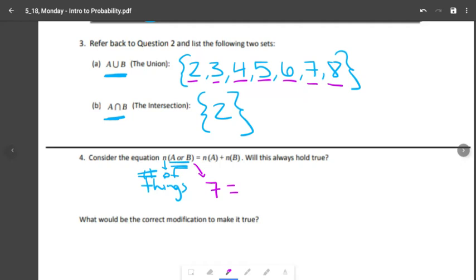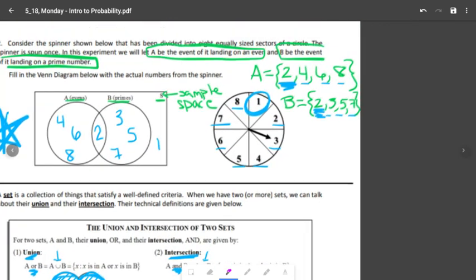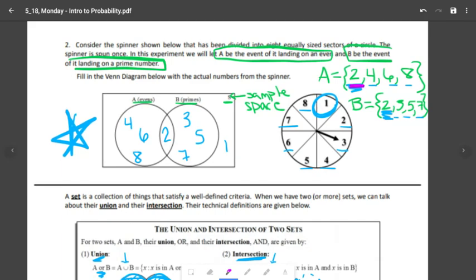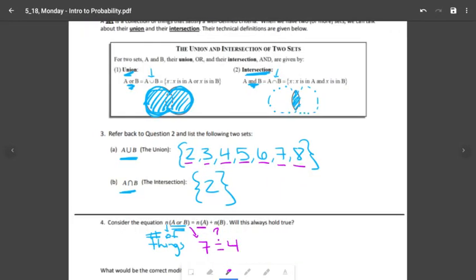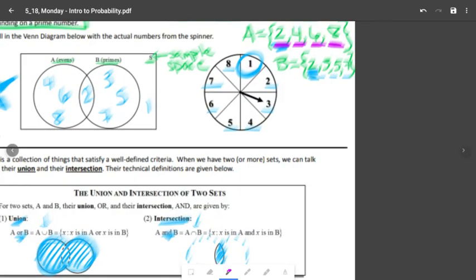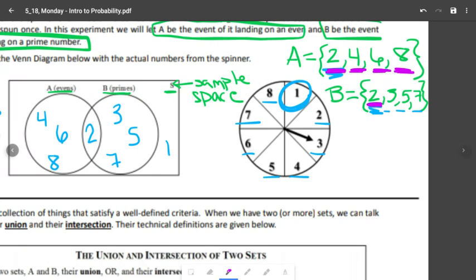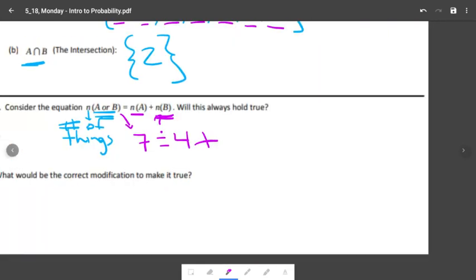Is that equal? So I'm checking, is this equal to the number of things in A? Looking back, I had 1, 2, 3, 4 things in A, the numbers 2, 4, 6, and 8, plus the number of things in B. Looking at B, I had 1, 2, 3, 4 things in B also, 2, 3, 5, and 7.